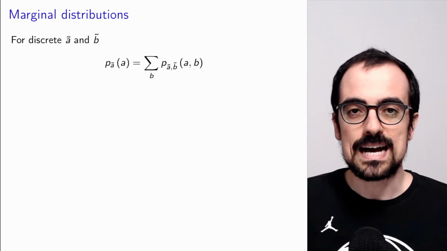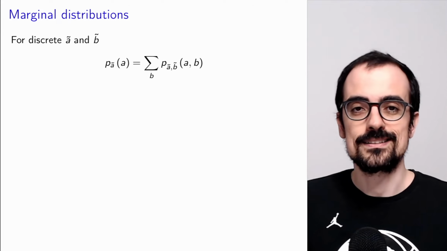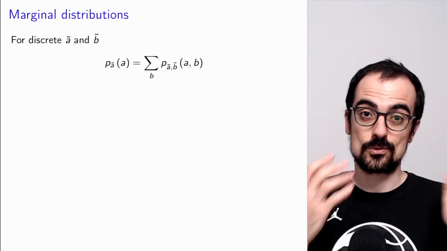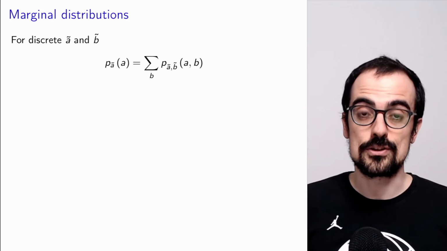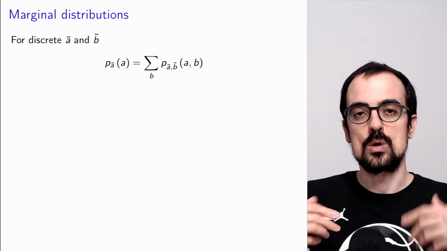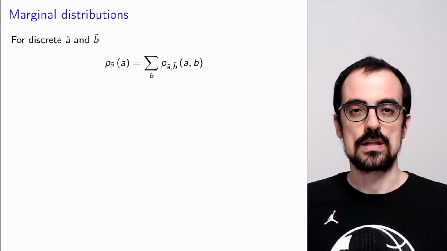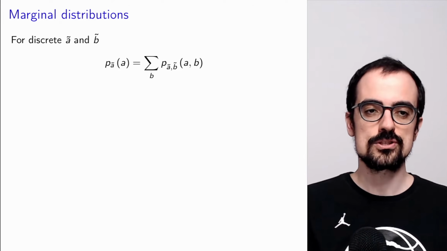All right, so now that we have defined the marginal and conditional PMF and PDF of discrete and continuous random variables given each other, let's talk about how to estimate marginal distributions. In the case of discrete random variables, estimating marginal distributions is really easy.